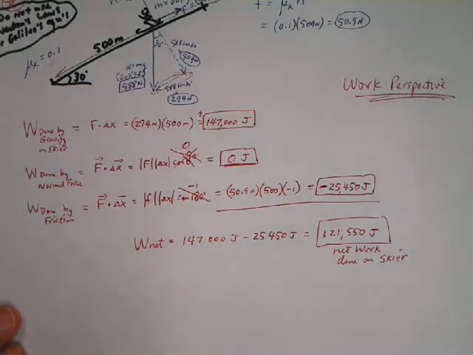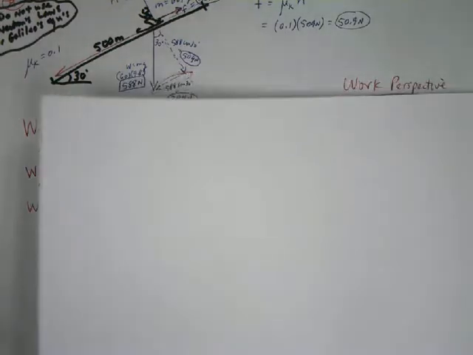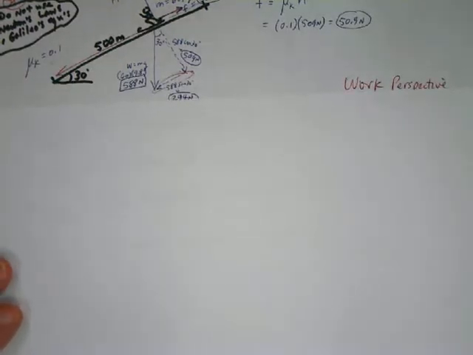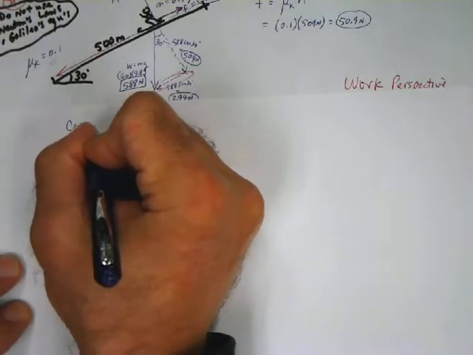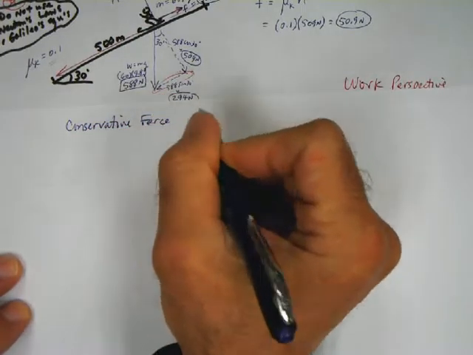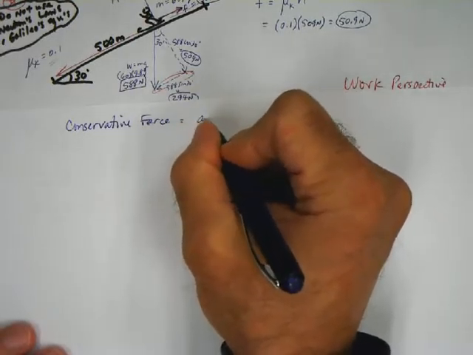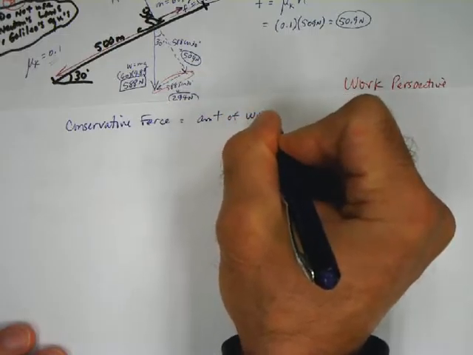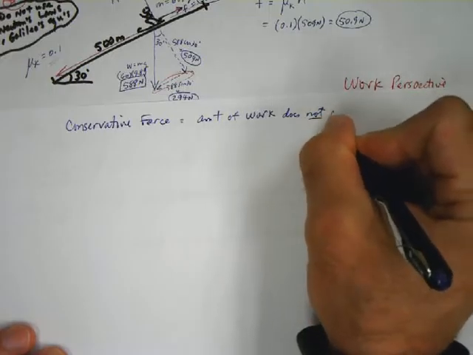Now it turns out that there are a couple different kinds of forces. One kind of force is known as a conservative force. A conservative force is one where the amount of work does not depend on the path taken.